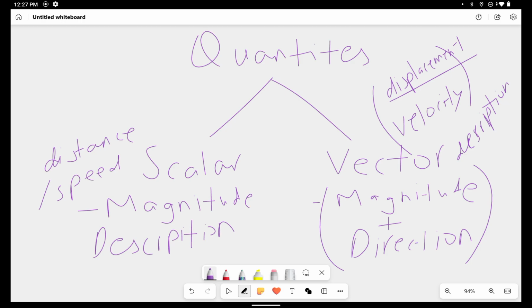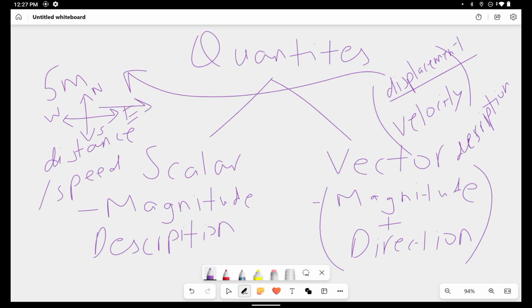We have to specify in which direction the object travels. We have four directions: north, east, south and west. So we can say 5 meters towards the east. So I have to specify east with the quantity. That's displacement.